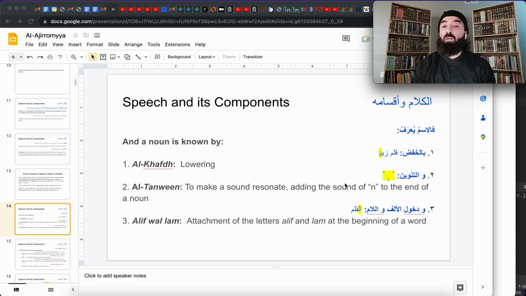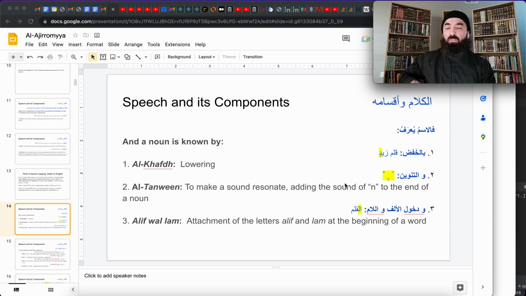when the diacritical mark is at the bottom of the last letter of a word, right? And hence, there's a relationship between its terminological and its linguistic definition, because just like how al-khafd linguistically means lowering, similarly the mark that is given to the last letter of a word is lowered and goes below the letter.